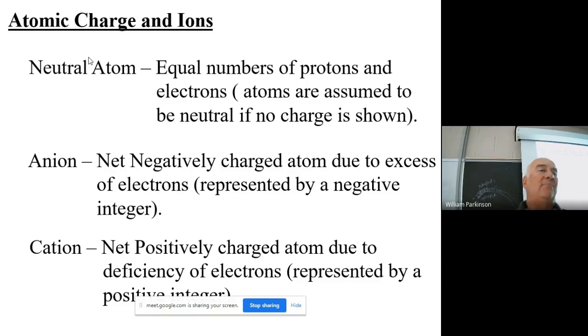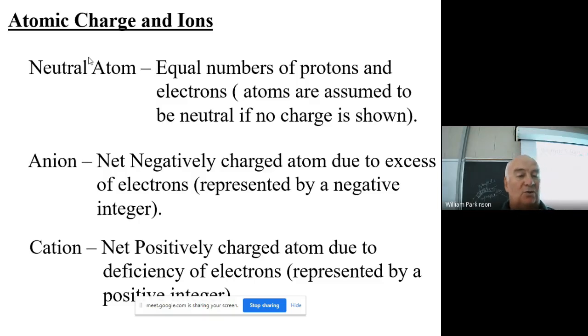But when atoms combine, they begin to trade and swap and share electrons among them. Electrons, or for that matter, protons or neutrons, are not going to be created or destroyed. They're just going to be swapped around when atoms react. And in particular, we're going to swap the electrons around.